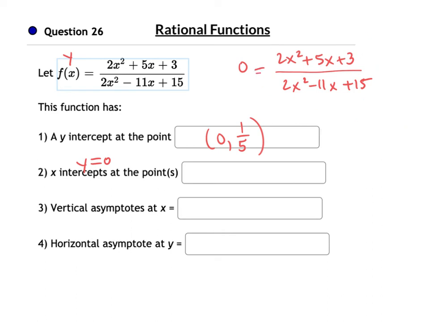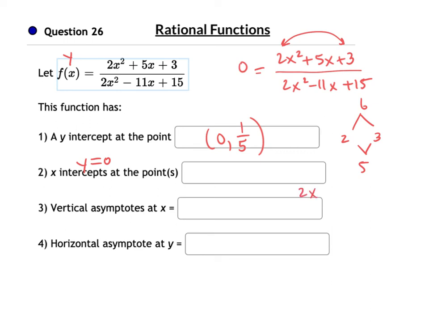To find that out, we need to factor. This is the harder kind of factoring when there's a number in front. We multiply these two. 2 times 3, we get 6. I need factors of 6 that add to positive 5. That would be 2 and 3. And I'll rewrite the numerator. I'm just factoring the numerator now.